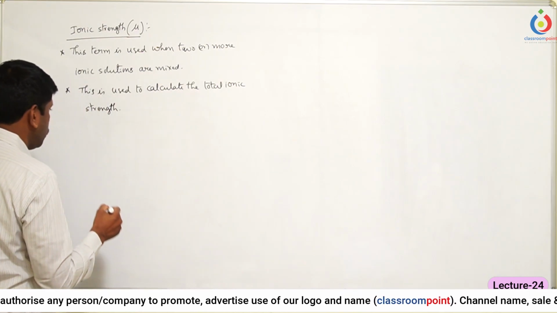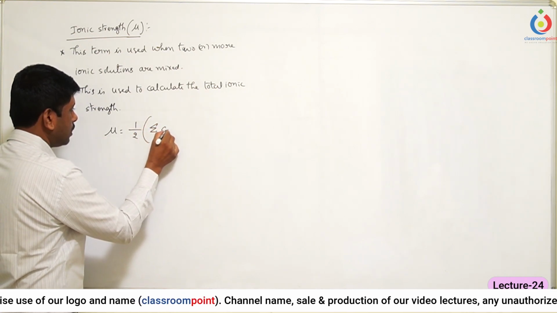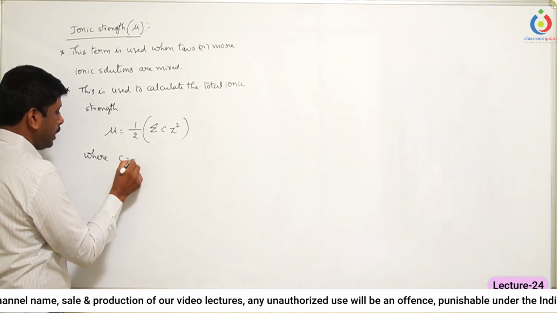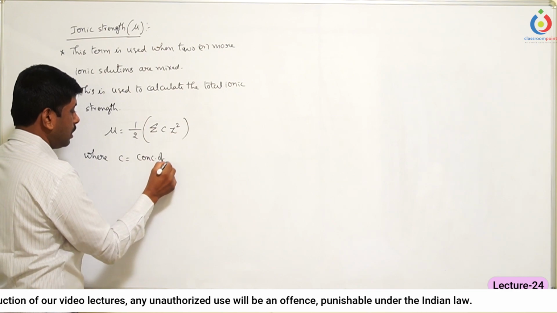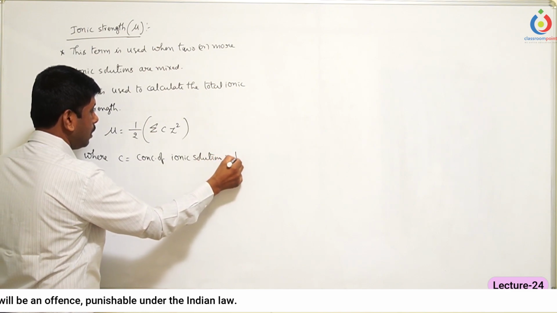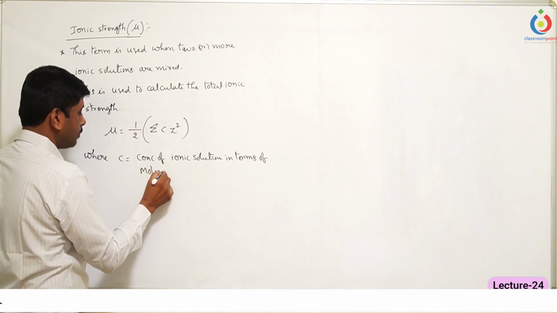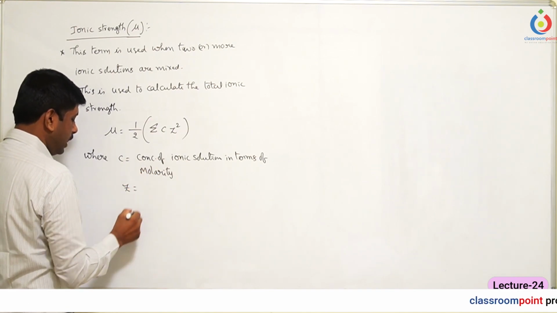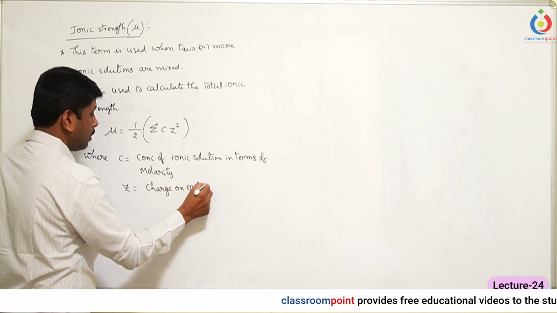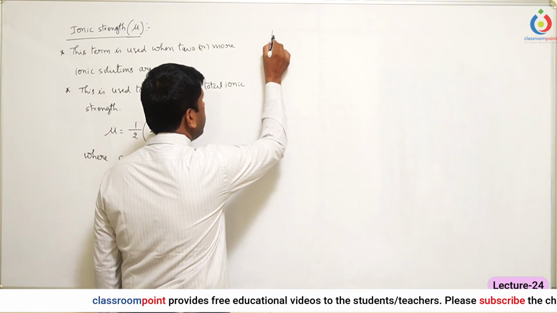The total ionic strength is equal to half of sigma C Z square, where C is the concentration of the ionic solution in terms of molarity, and Z is the charge on each ion.